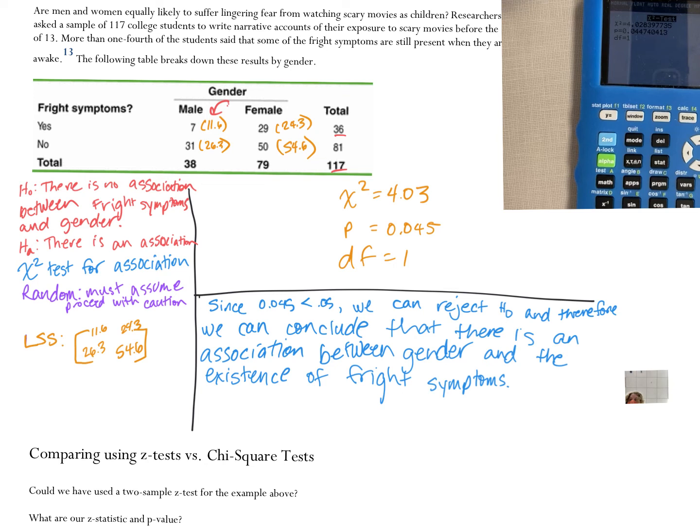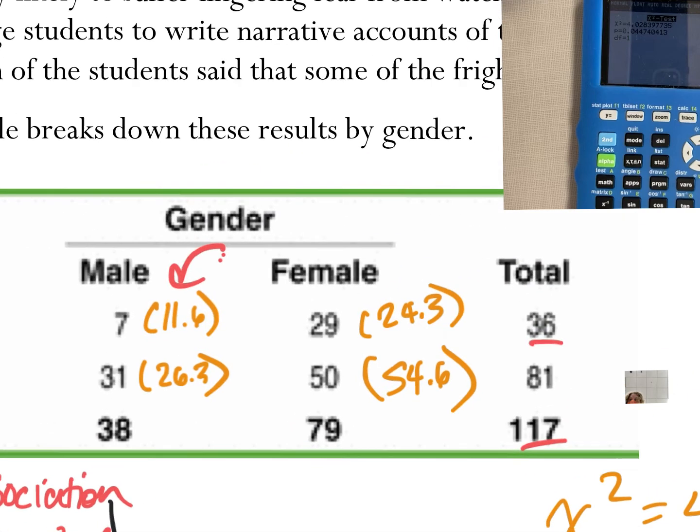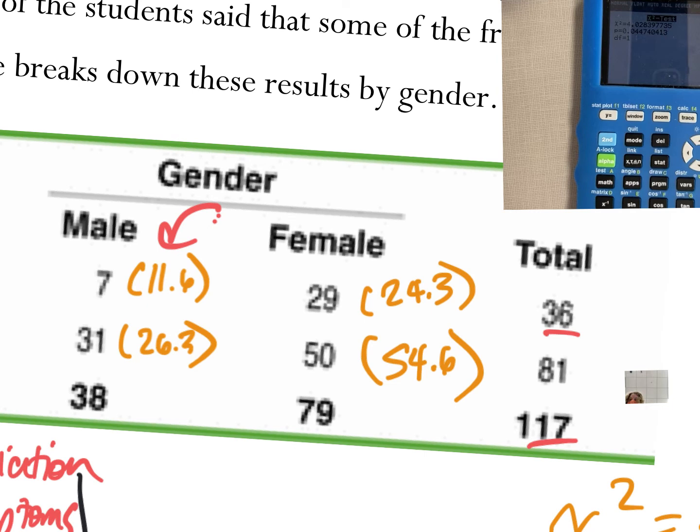When we look at this data table, let me zoom in here. Every single one of these cells doesn't meet expectations, right? So we can say that the 7 and the 11.6 are off from each other. The minute these two didn't match each other, these two weren't going to match each other, as were these two, right?